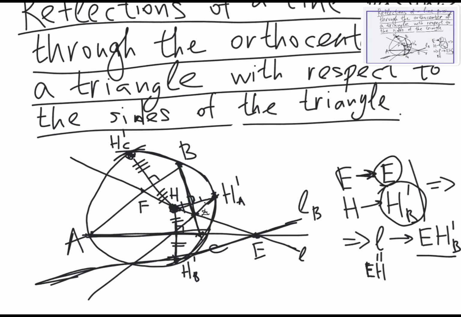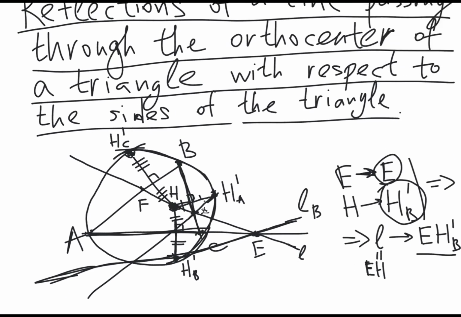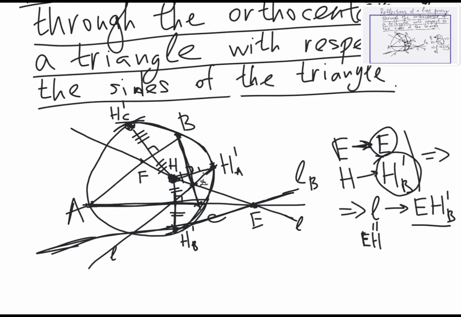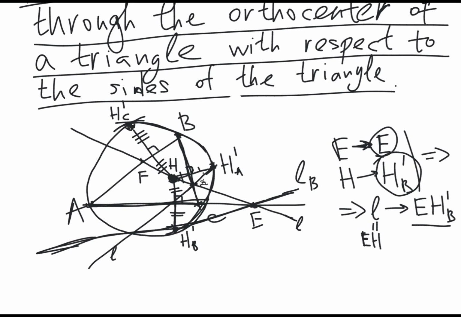The third line, let's denote it LA. And the third line is we take the intersection point with AB, F, and HC prime, the reflection of the orthocenter with respect to AB.